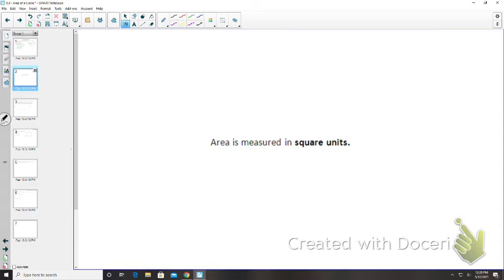And just a reminder from last topic, when we're calculating area, it is in square units, because it has a left and right dimension and an up and down dimension.